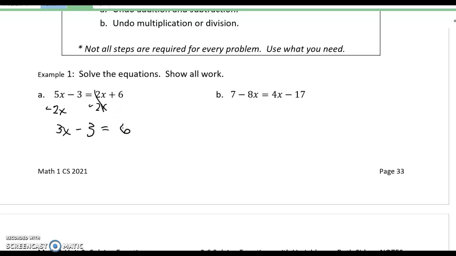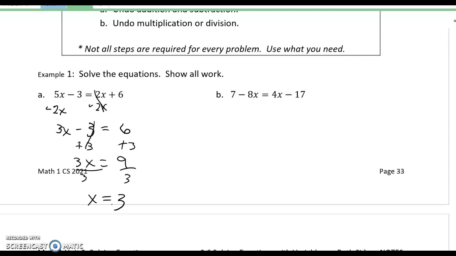We have isolated the variables to one side of the equal sign. Now we start to undo operations to get the variable totally by itself. Add 3, and then do the opposite, divide by 3.